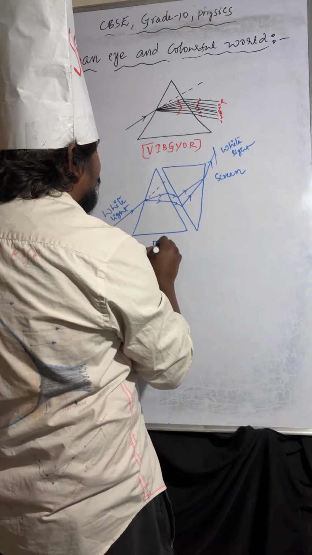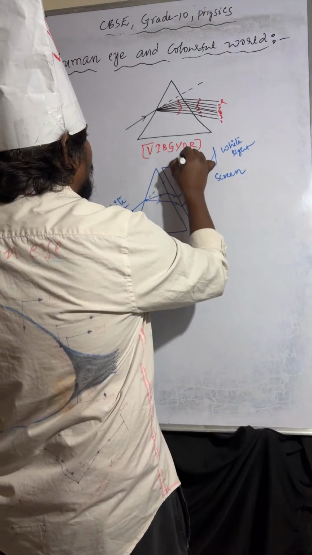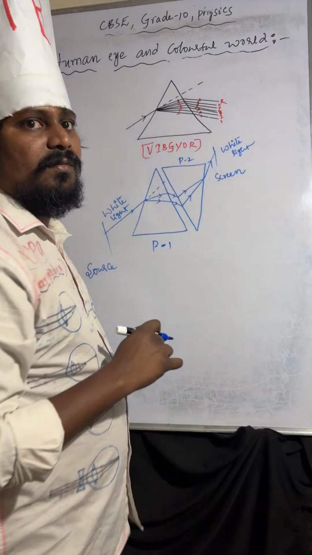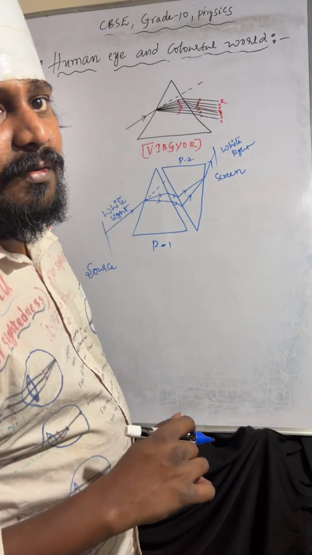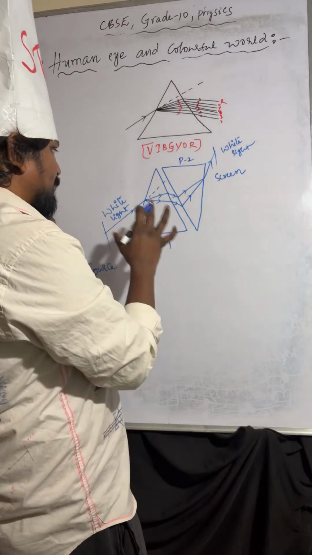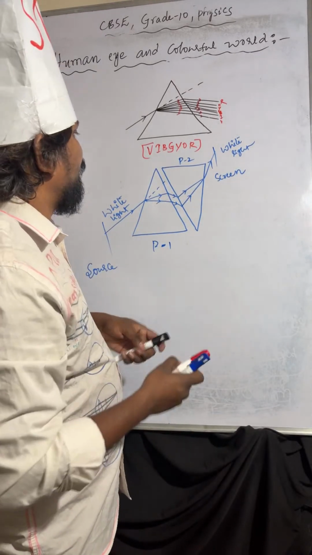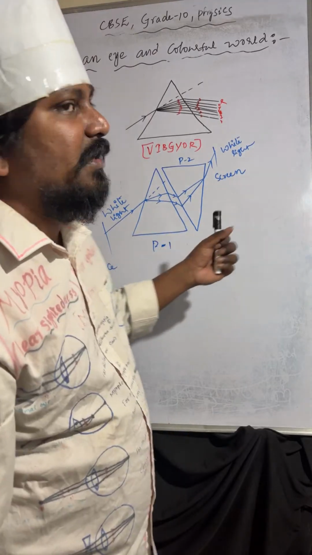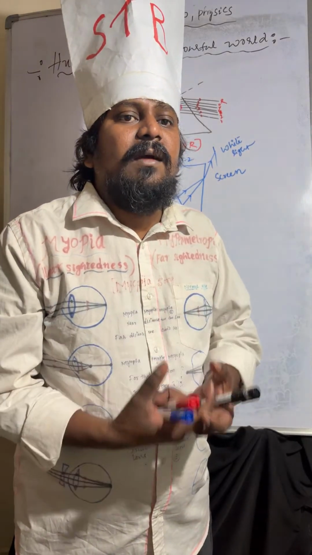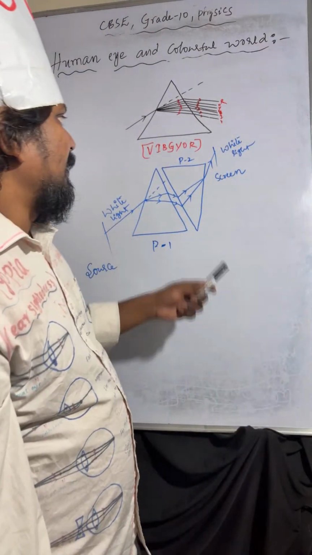Understood? So this is prism 1 and prism 2. When a light ray passes through the prism, it splits into 7 colors. Again, those 7 colors enter the inverted prism, and those 7 colors will be combined and come out as white light on the screen.